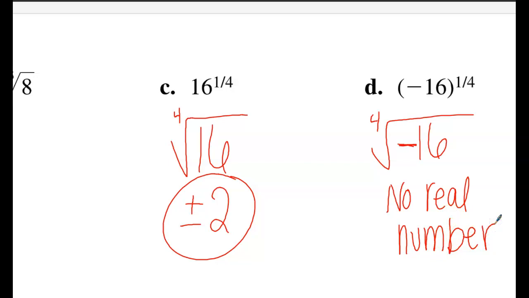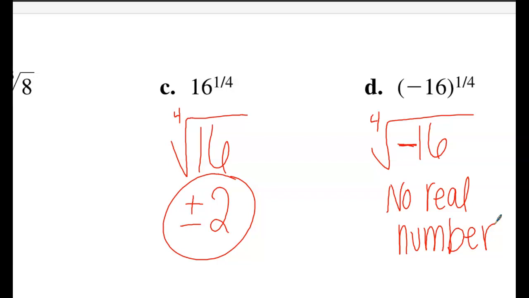So I need to clarify this just a second. The reason it's no real number instead of no solution is that no solution means there's not an answer, right? No real number means there's not an actual real number. But if you remember last year when we talked about categorizing numbers, there's real numbers, rational numbers, irrational numbers. Remember those words?